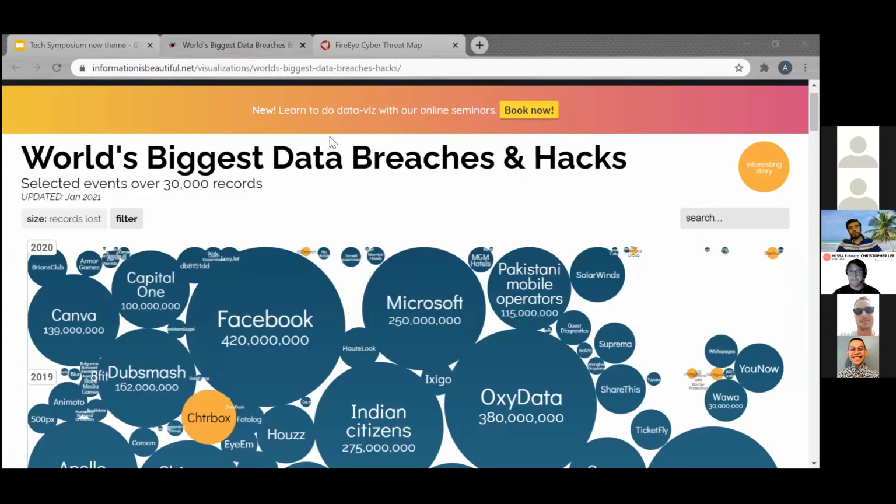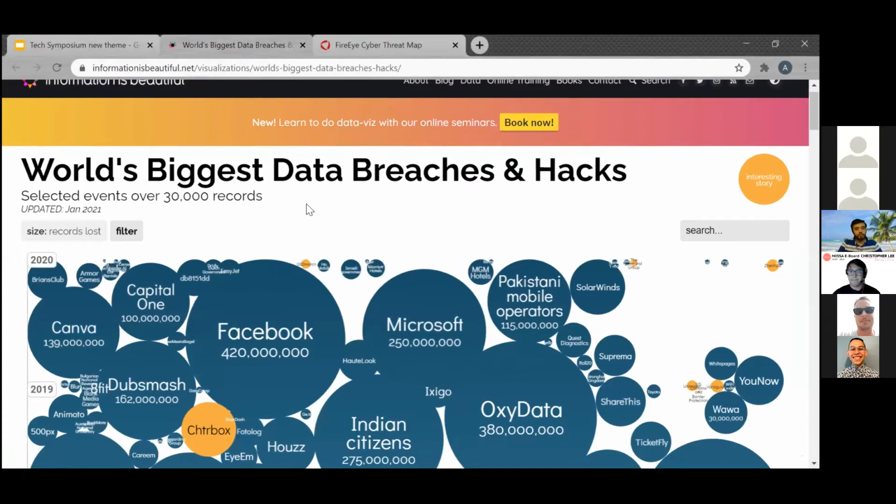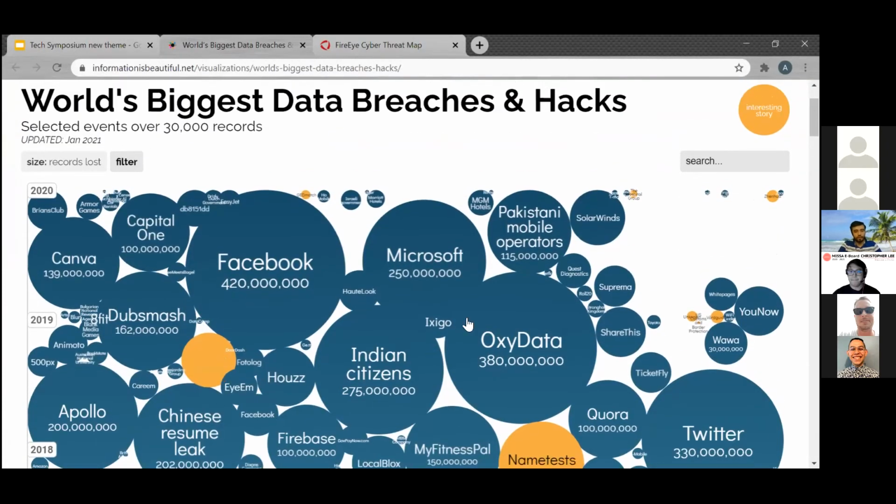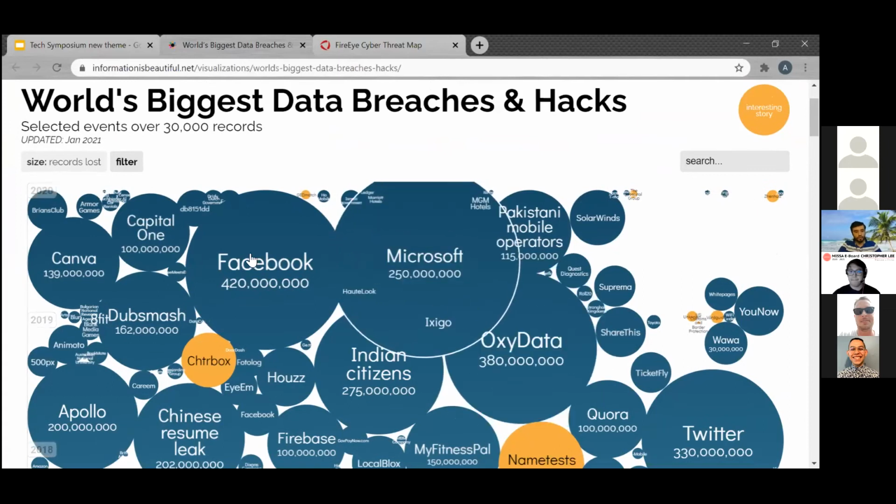All right. So can everyone see my screen? Okay, so this dashboard is from informationisbeautiful.net. And this is basically the world's biggest data breaches and attacks, like cyber attacks. And as you can see here, we have many big companies like Microsoft and Facebook.